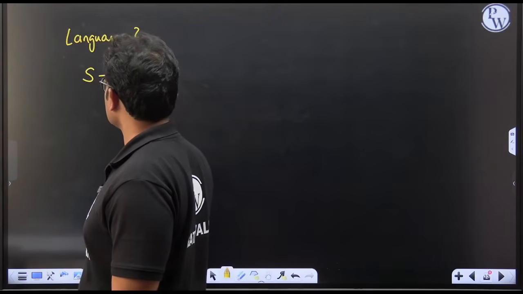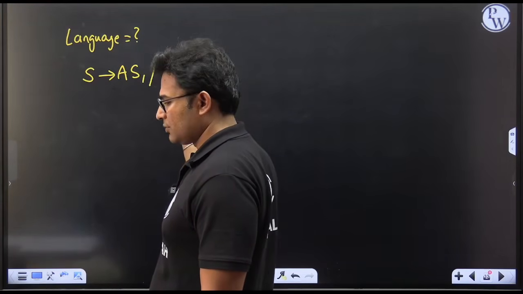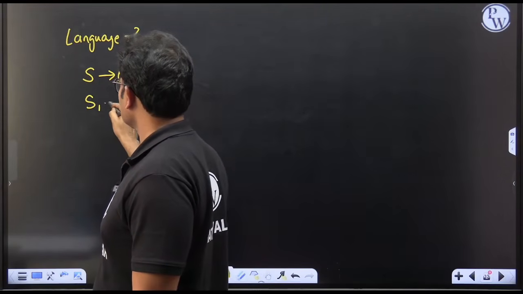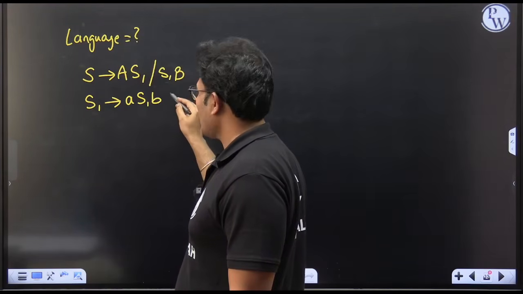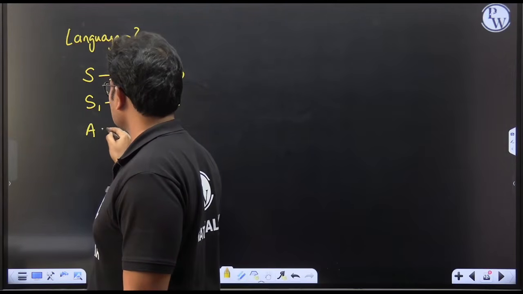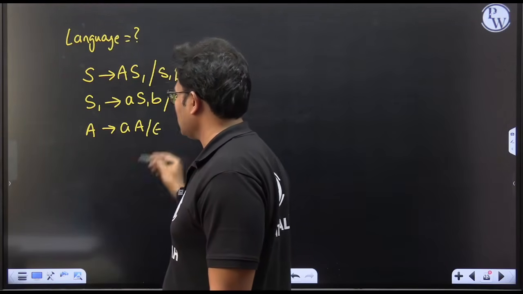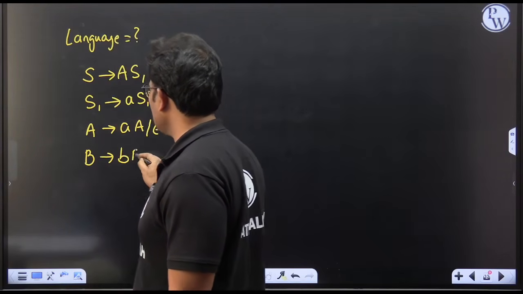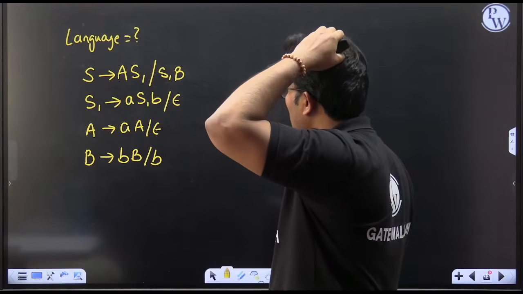S derives A S1 or S1 B. S1 derives a S1 b or epsilon. A derives aA or epsilon. B derives bB or b.